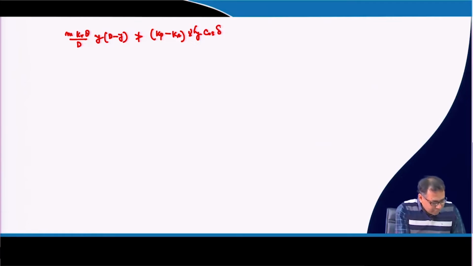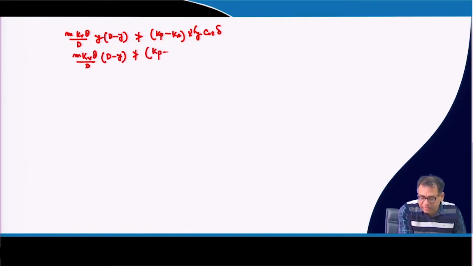Further, we can write m Kv theta divided by d. So, y will cancel out, and (d minus y) should not be greater than (Kp minus Ka) gamma dash cos delta.